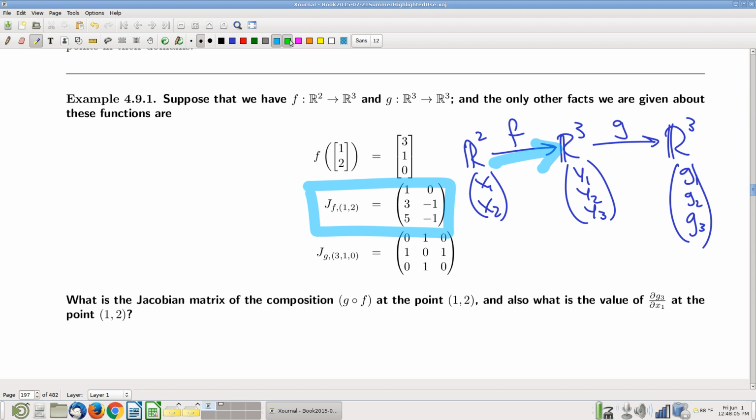And then we also are given the Jacobian of G, which is that matrix. Notice, by the way, F has two input variables. Therefore, the Jacobian of F has two columns. G has three input variables. The Jacobian of G has three columns.